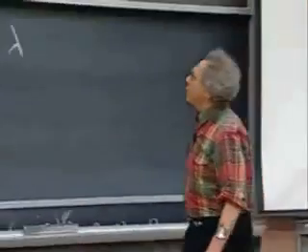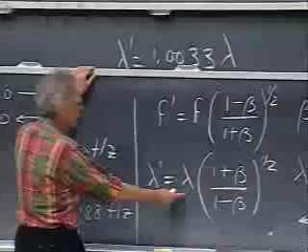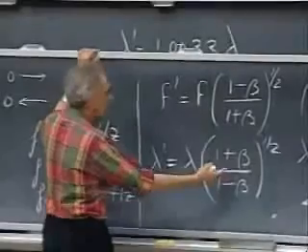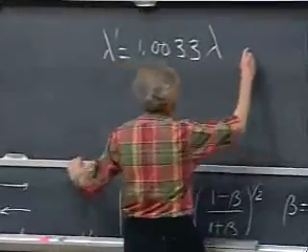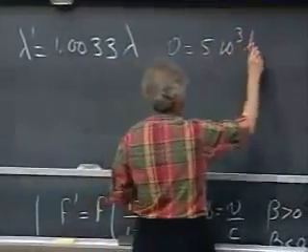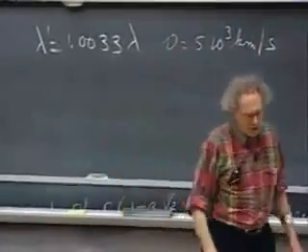I go to my Doppler shift equation, which is this one. I calculate beta, one equation with one unknown, can solve for beta, and I find now that V is 5,000 kilometers per second. Very straightforward, nothing special. Very easy calculation.